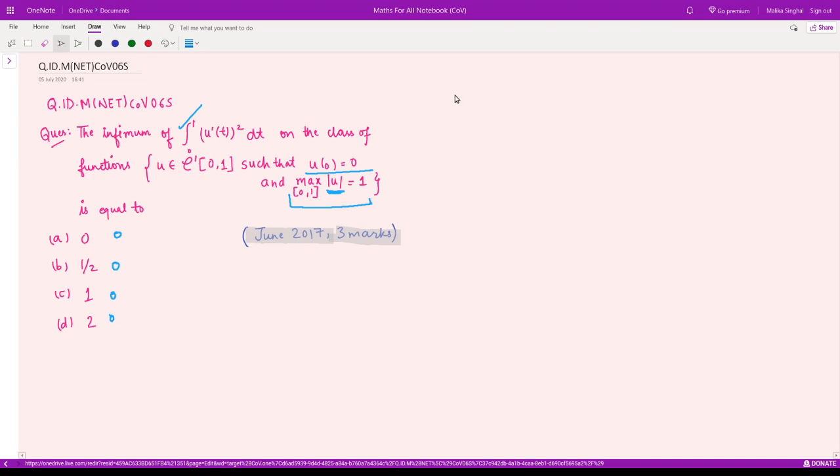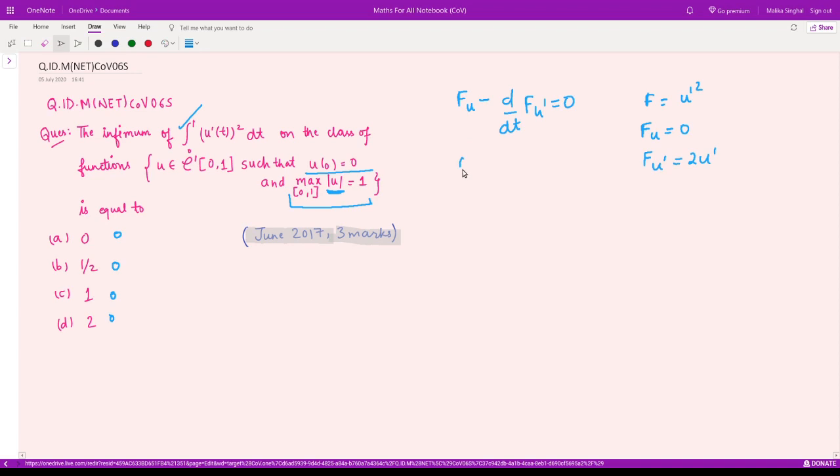First of all, we'll find the extremal using the Euler-Lagrange equation, that is f of u minus d dt of f of u dash is equal to 0. What is f in our case? It is u dash square. So what is f of u? It would be 0 because there is no term containing u. What would be f of u dash? This is equal to 2u dash.